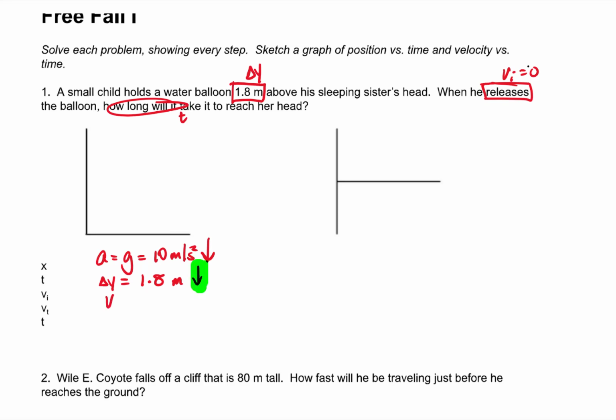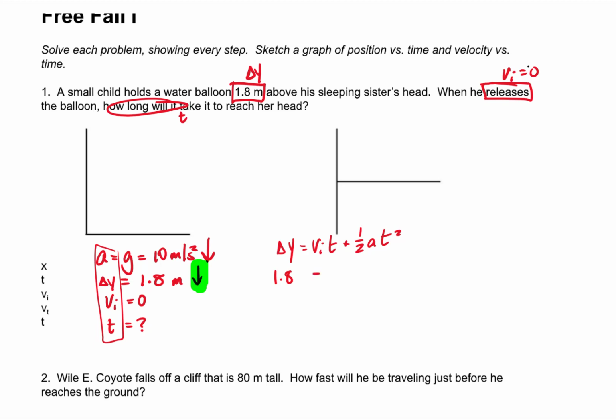What that means for me, and one thing we can't forget, is the direction of that delta y. The initial velocity we just talked about is 0 because we're dropping it, releasing it from rest. And what we want is the time. So we want the equation that has those things in it. That's that third equation, delta y equals v initial t plus 1/2 at squared. We're going to plug in all of our things.